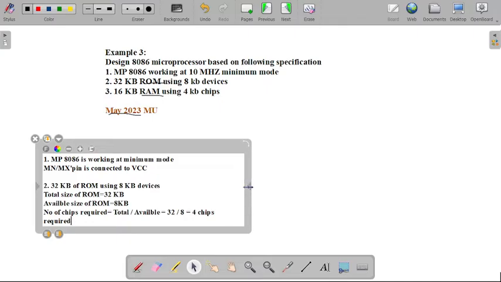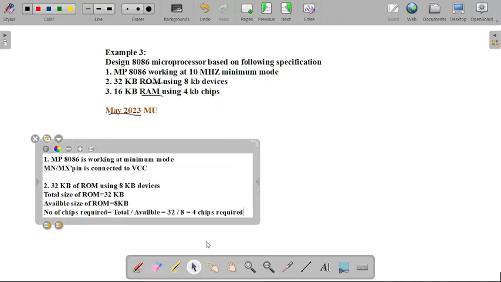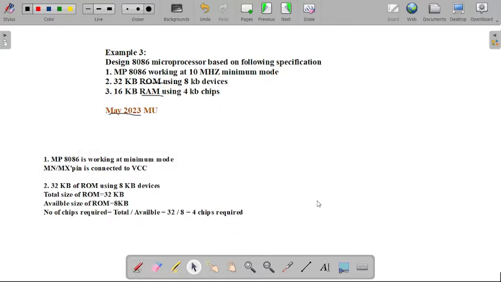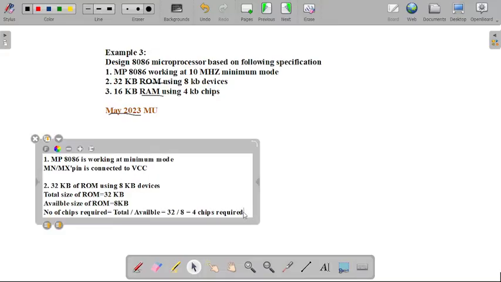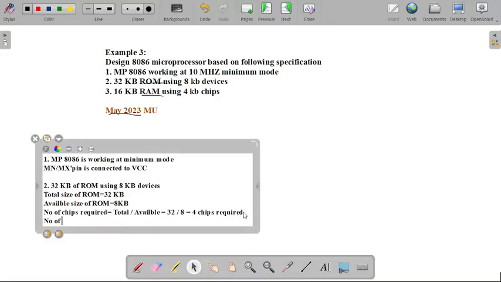And of those 4 chips, I'm finding here that 2 chips will be used for the even memory bank and 2 chips will be used for the odd memory bank. So first of all, we are finding the number of sets that will be required. Whenever I am finding the number of sets, at that time I am finding the number of chips divided by the number of banks.